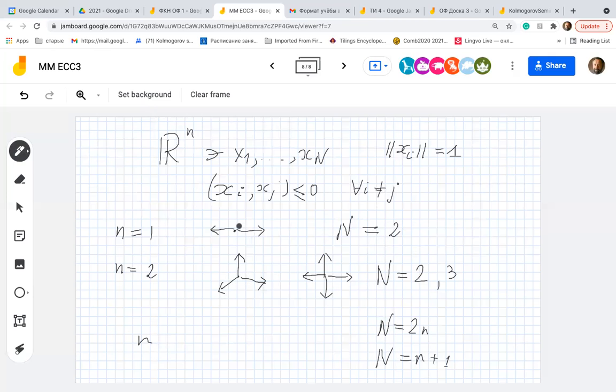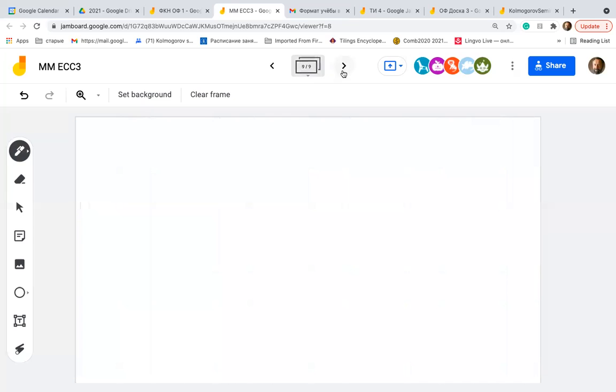For strict, we had here 2, 3, and so on. So the maximal possible number of such vectors is n+1. And also, we are interested in how large can be this negative number, assuming that it is strictly negative. And the geometrical theorem answers both questions, and now I will state it.